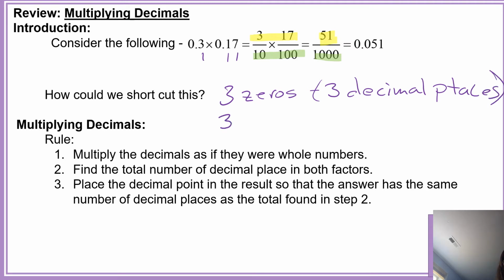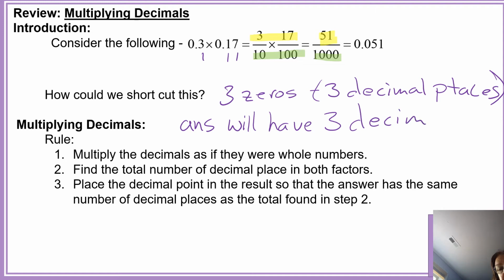This also means the answer will have three decimal places. So if I multiply 3 times 17 and then give the answer 3 decimal places, I'm good.